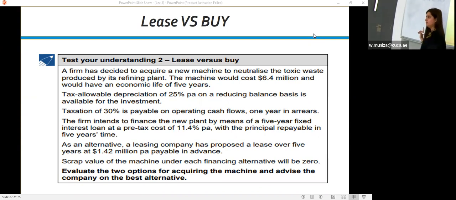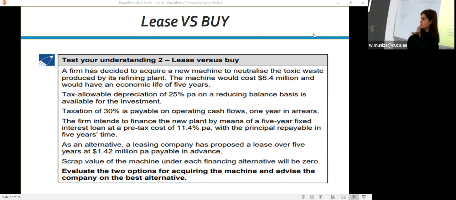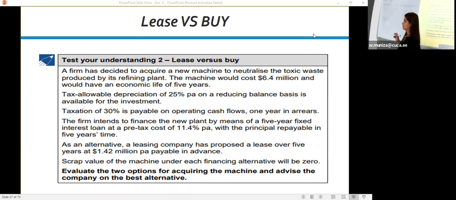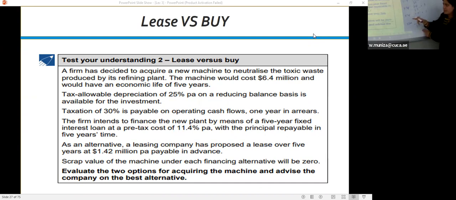Did you get the same, Arthur? Yes, thanks. For year 6, the scrap value is 0. The disposal proceeds are 0. So we are going to get an allowance. On that allowance, we have to take the tax.